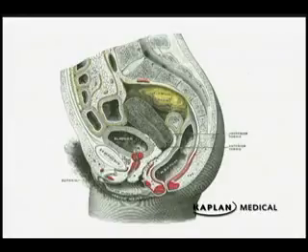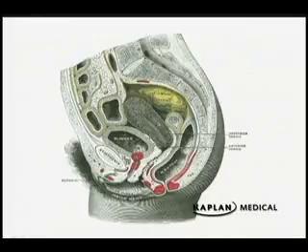Okay, this image is a sagittal view of the pelvis, and you can see here is the uterus, this is the vagina, here's the bladder, here's the rectum. What I want you to notice is the thin endometrial stripe, which is the anterior and the posterior walls of the uterus, which are against each other.